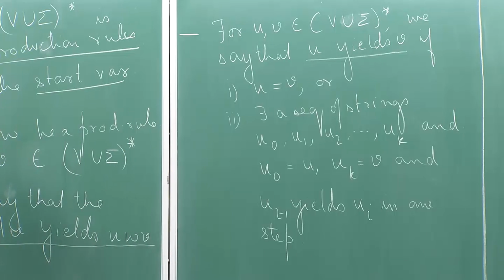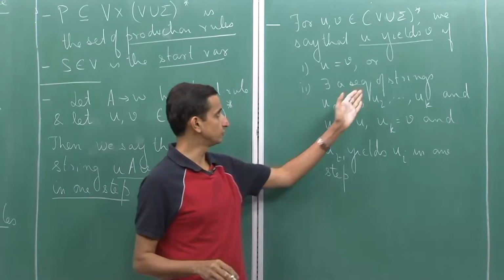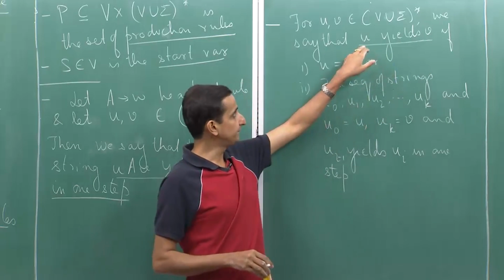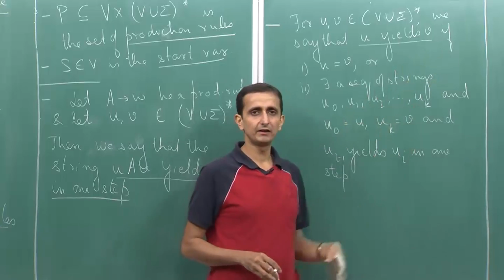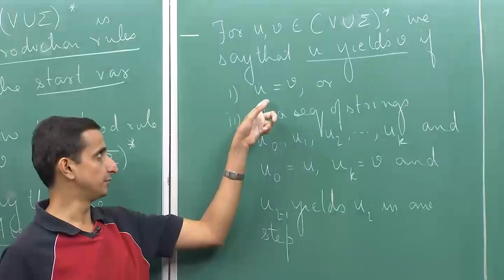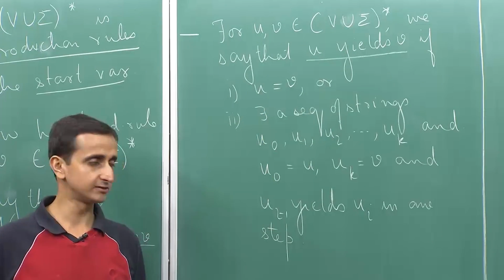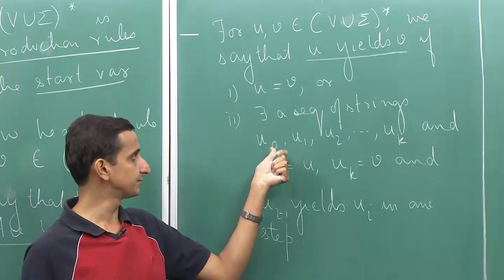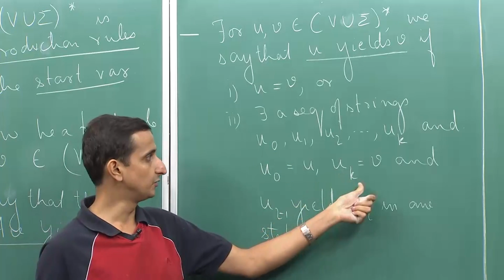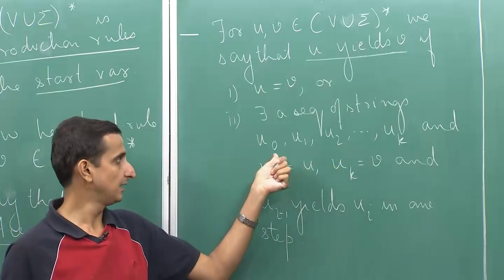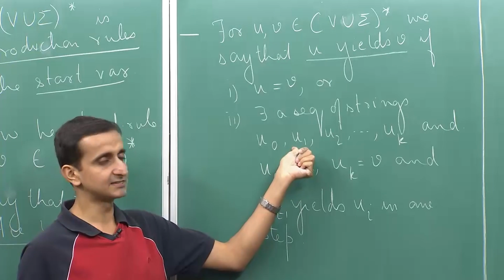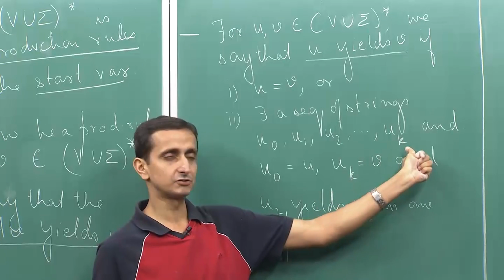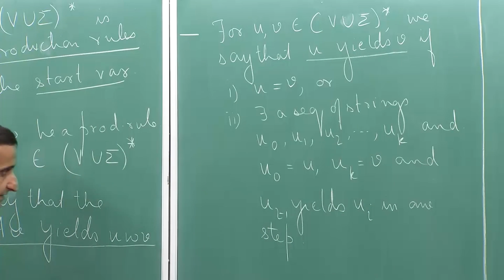Okay. So, essentially this is generalizing this to multiple steps. We say that a string U yields a string V if basically I can go from U to V in 0 or more steps. If U and V are the same, then it means going in 0 steps. Otherwise, I can just have a sequence of strings U0 equal to U, Uk equal to V, which are not the same, and I go from U0 to U1 in one step, U1 to U2 in one step, U2 to U3 and so on till Uk, each in one step.